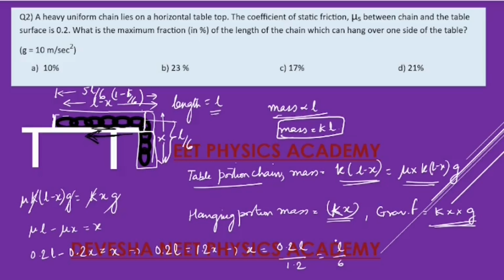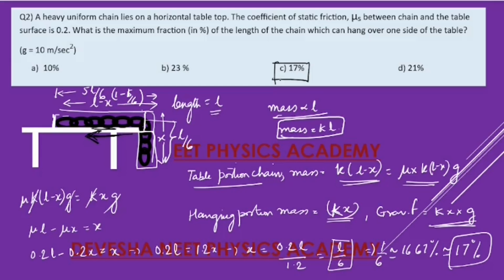So it means the hanging part is only L by 6. This is 1 by 6, which is roughly 16.67%. Roughly I can say it is 17%. Okay. So out of the given answers, I think the best answer would be 17%.